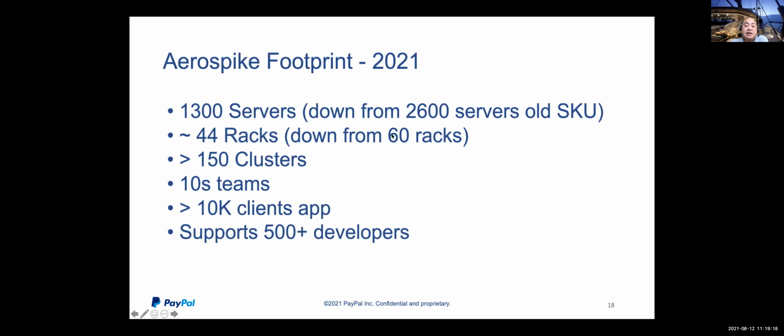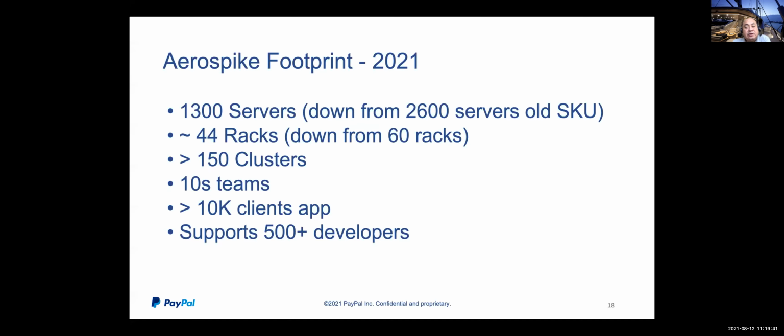Otherwise, it should be exactly half of 60. And as I mentioned earlier, this would comprise about 150 clusters. And today we have more than 10 application teams using this platform. And the number of hosts that are connected to this platform are more than 10,000. And as an ecosystem, we are supporting more than 500 developers within PayPal.